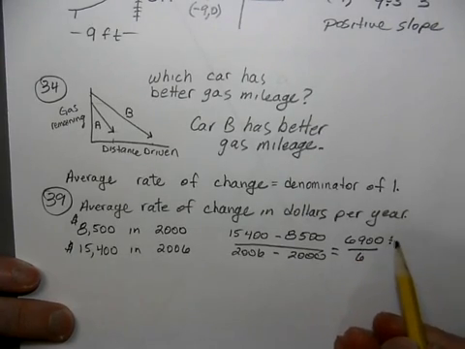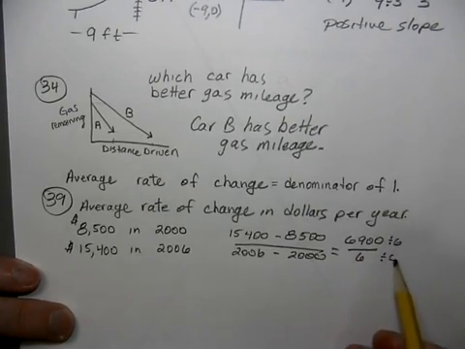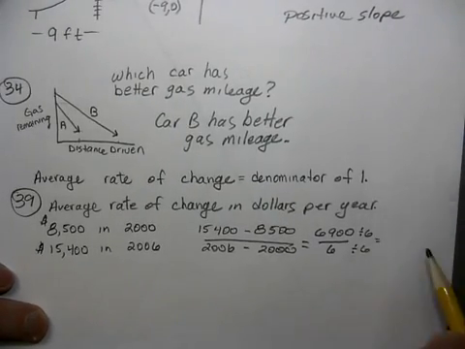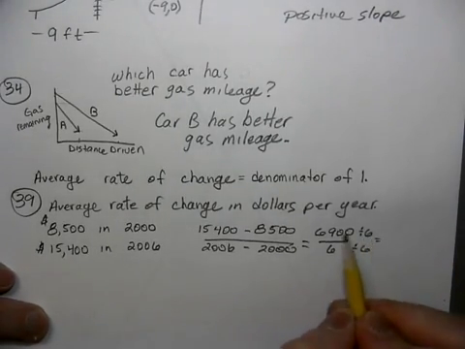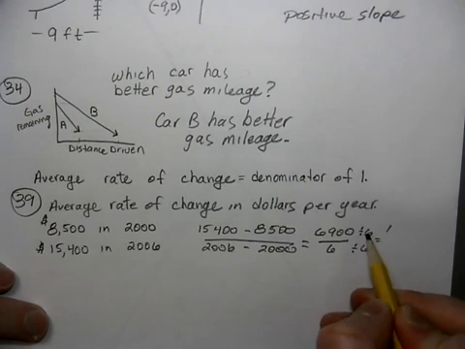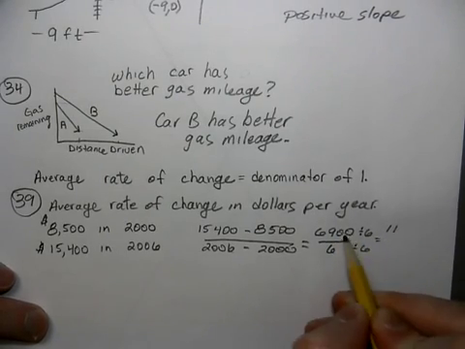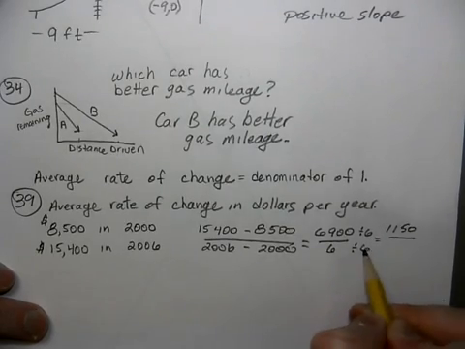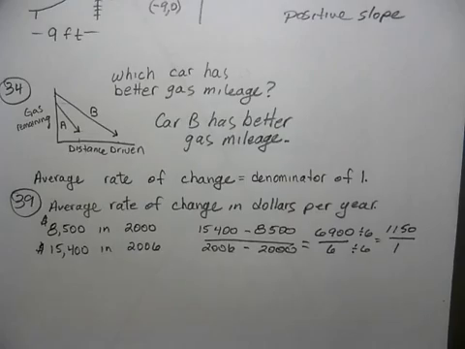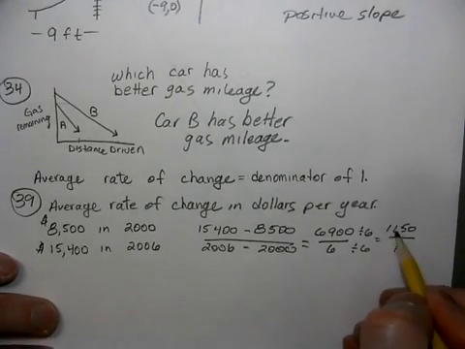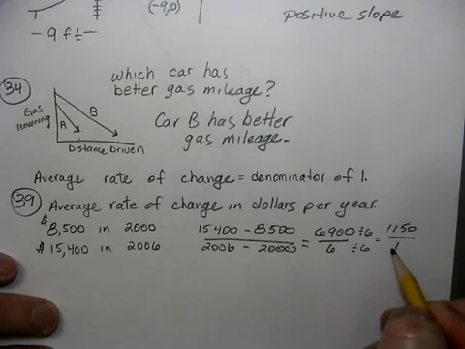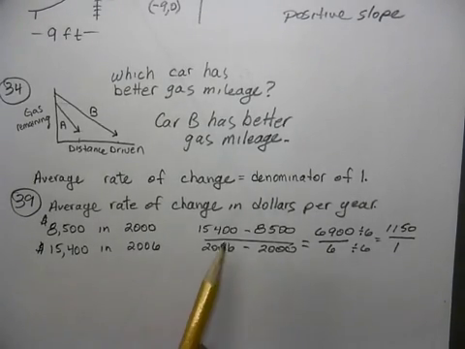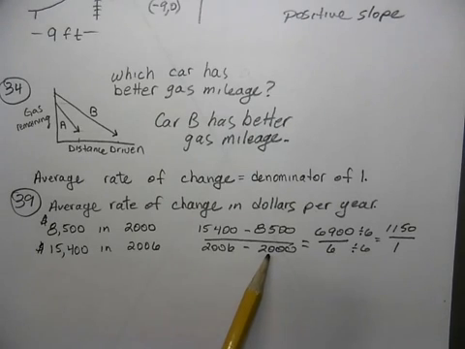We're going to divide both of these by 6 because we want to get the denominator equal to 1. So 6 goes into 6 once, 6 goes into 9 once with 3 left over, and 6 goes into this once. So they're making $1,150 per year. That's the average rate of change from 2000 up to 2006.